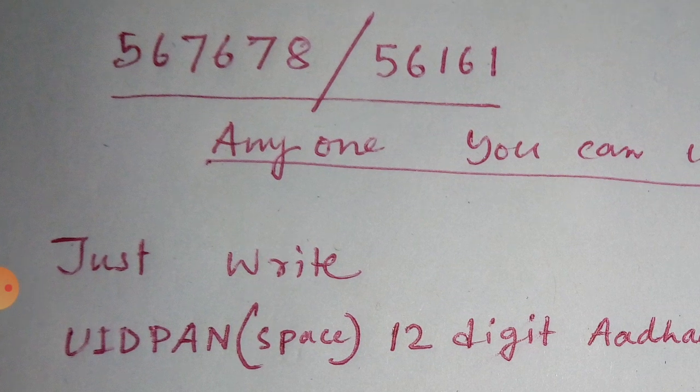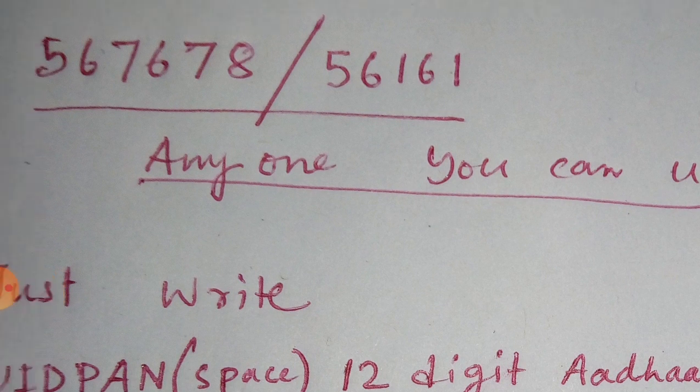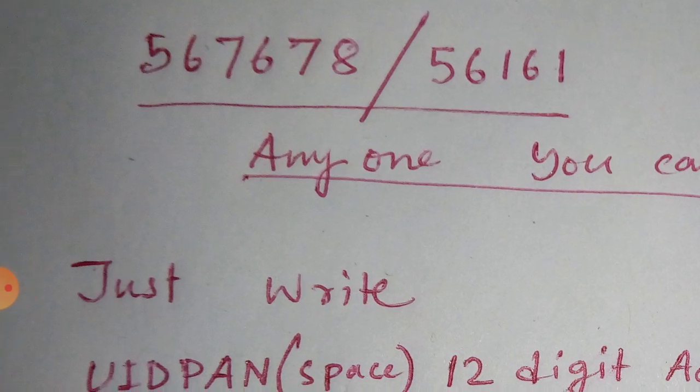You can use either the number 567678 or 56161. You can use any one. You do not need to send to both numbers. You just need one number, 567678 or 56161.